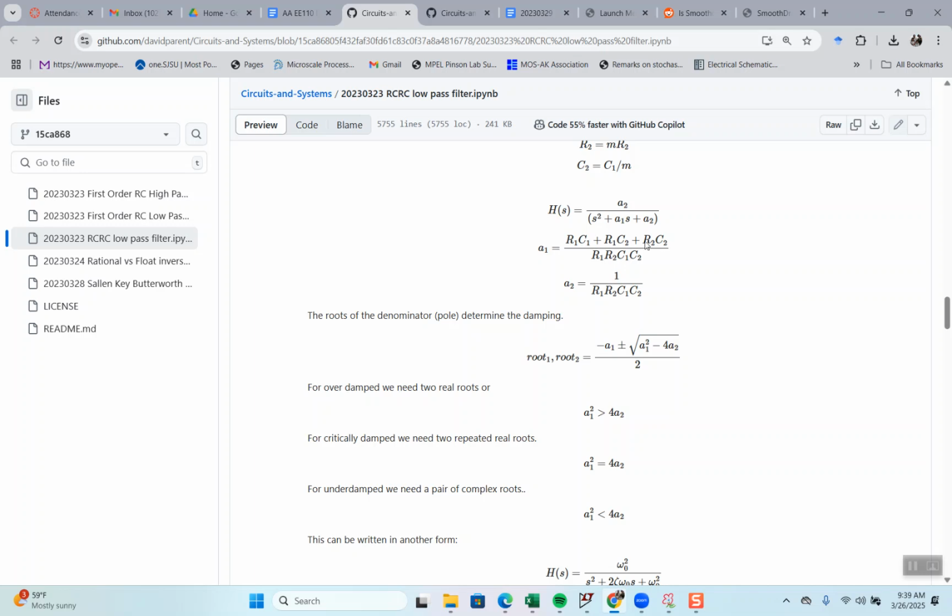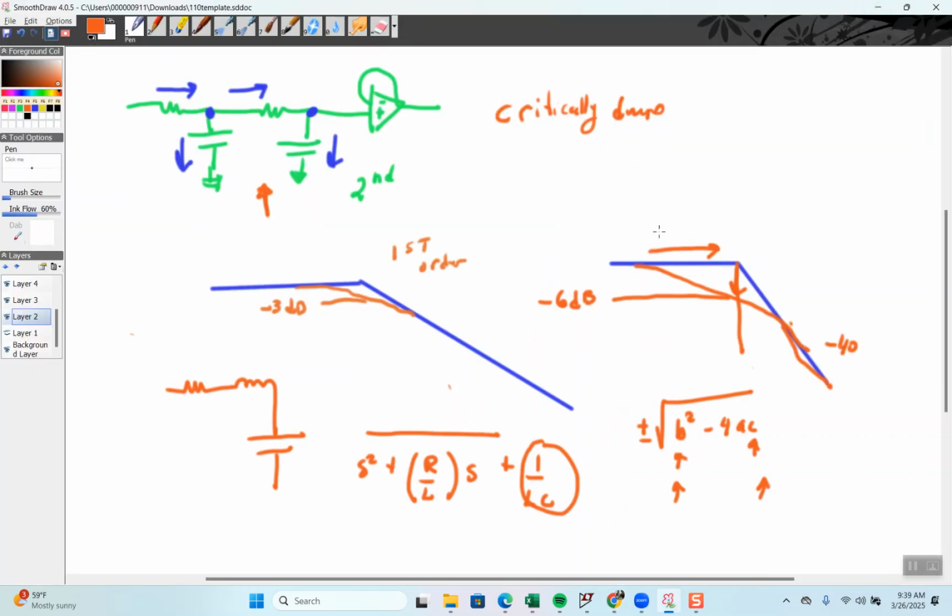But notice here, R1, C1, R2, C2 are in both of these constants. So you can't independently tune them, right? And in case we forgot, we wanted a second order filter, but we wanted one op amp, right?